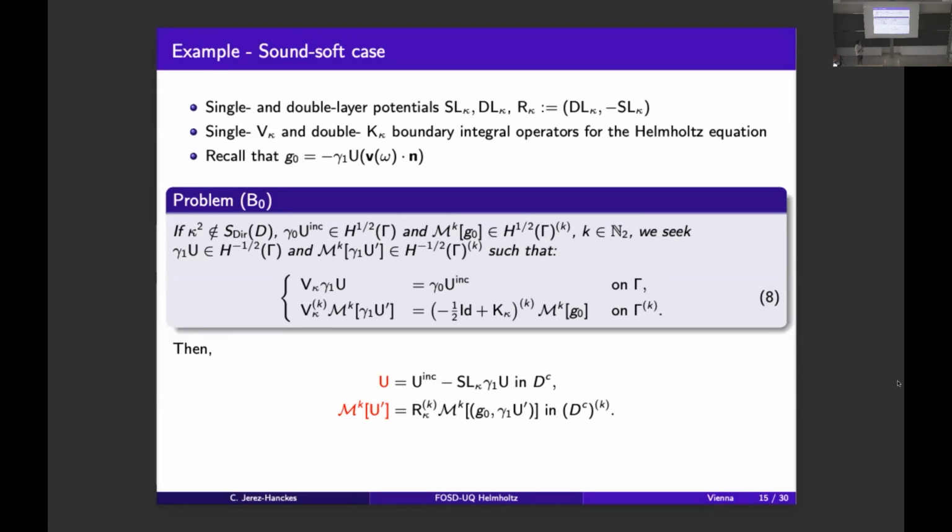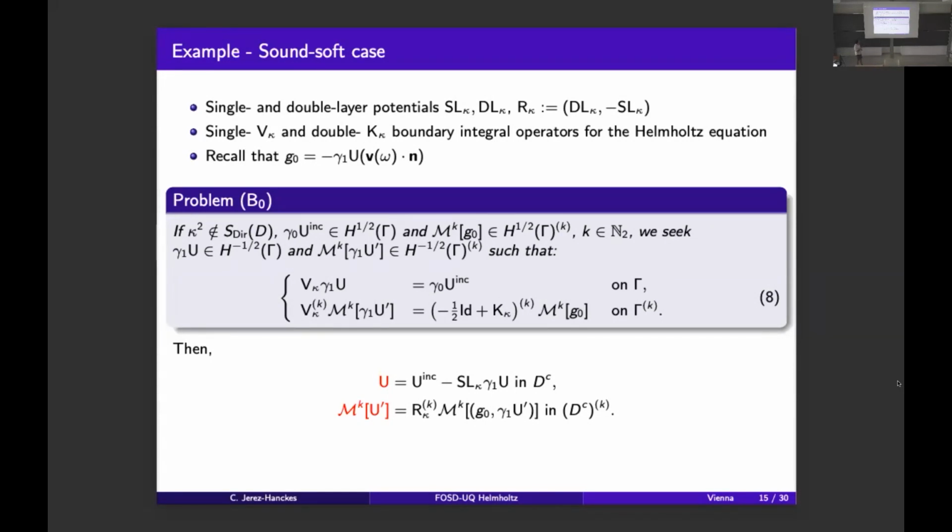And for the sound-soft case, you have G0 equals the Neumann trace of U times V, which is your perturbation, in the normal direction of your nominal domain.